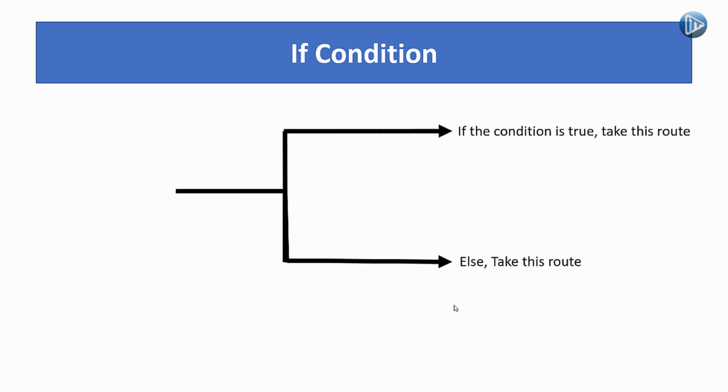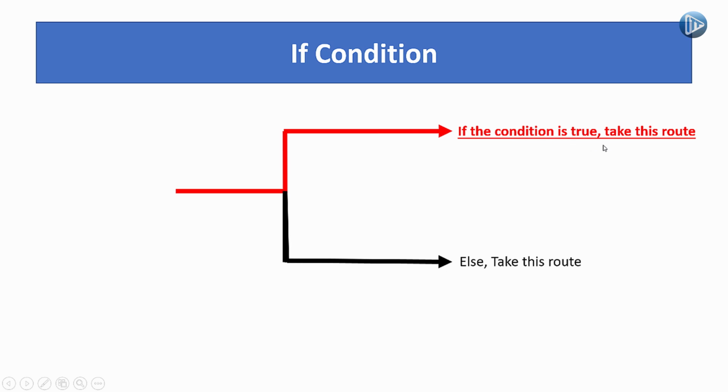So the if condition can create a two-way path in our program. It's not just a two-way, maybe it can have 3 or 4 or 5 ways, but we will start with two-way to get the idea in its simplest form. Depending on the situation, our user might trigger the first block of code over here and cancel the other block of code over here.